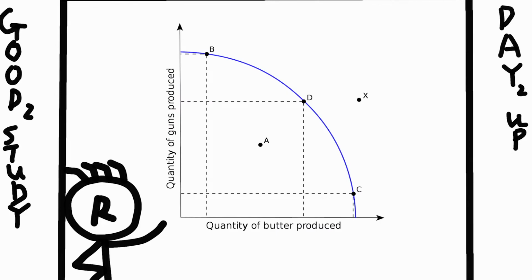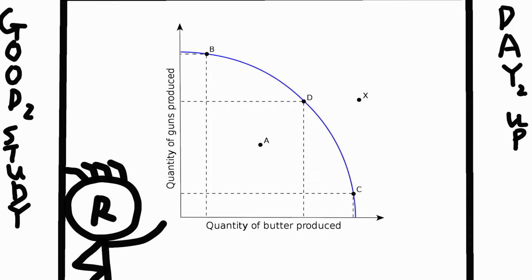So the graph here is the production possibility frontier. On the blue curve, any spot on the blue curve represents the possible combination of products that can be produced by this individual or nation or company.